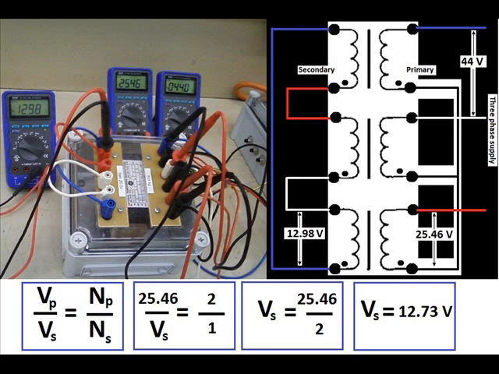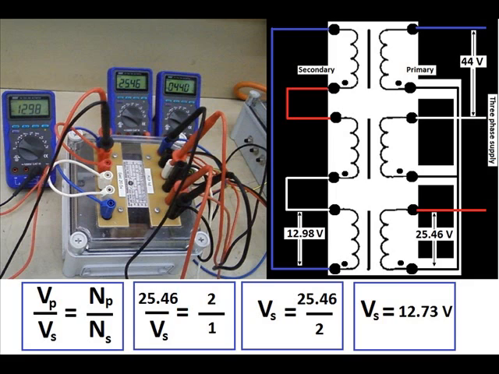When we look at this same circuit of the star primary and the delta secondary mathematically with ratios, we know that our ratio of the primary voltage over the secondary voltage is proportional to the number of turns on the primary and the number of turns on the secondary. Although we don't know the exact number of turns, we do know that it's a 2-to-1 ratio.